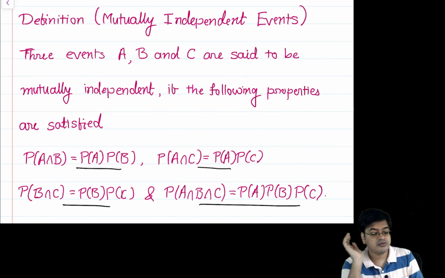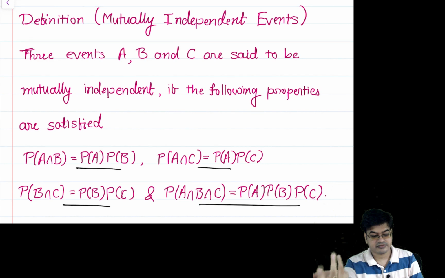This is how we will define it for three events. Now you may ask, what will happen for four events? Natural question. For four events, we need to check that every subcollection of those events is independent.